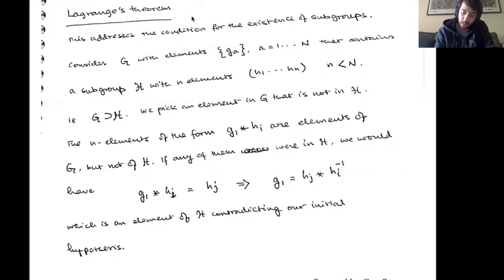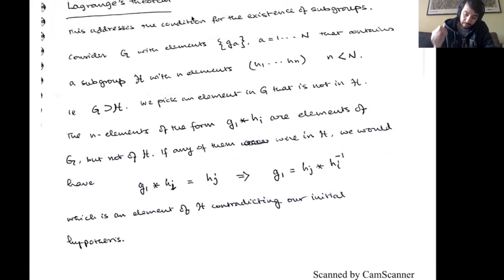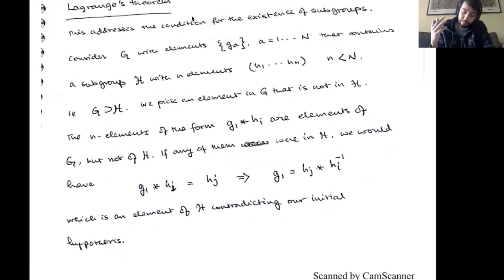Now, if one of them were in H, we would have that g_1 star h_i would be equal to h_j, and g_1 would be h_j star h_i inverse, which is an element of H, contradicting our initial hypothesis.